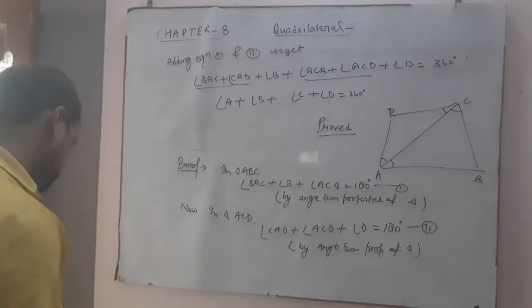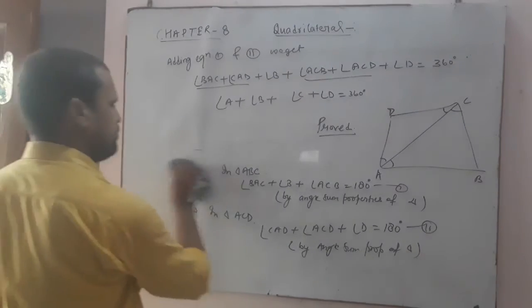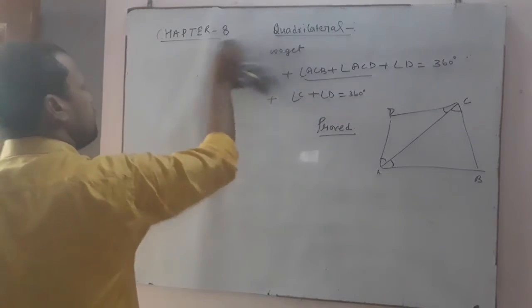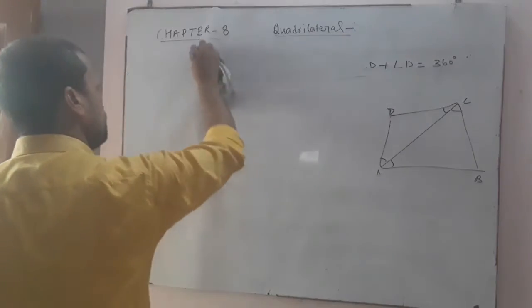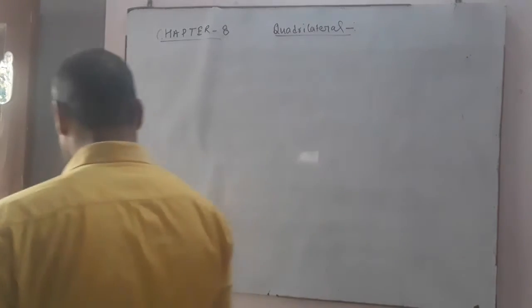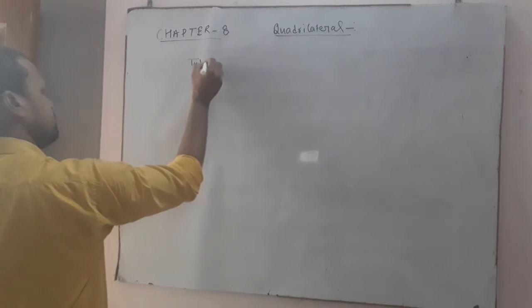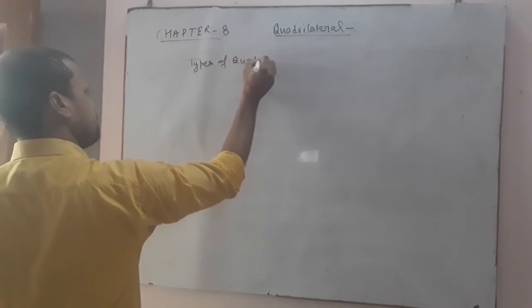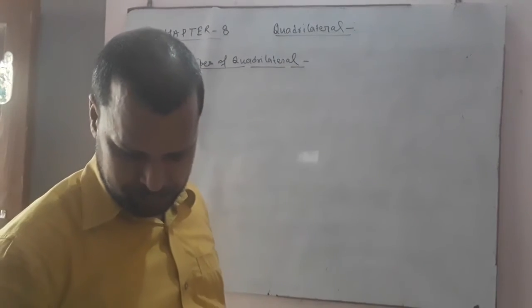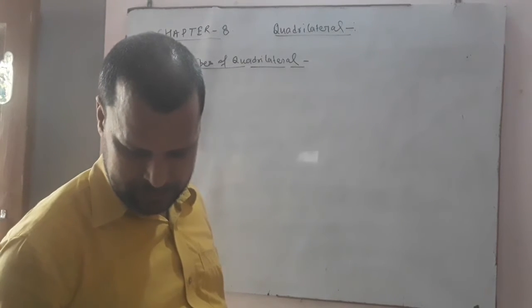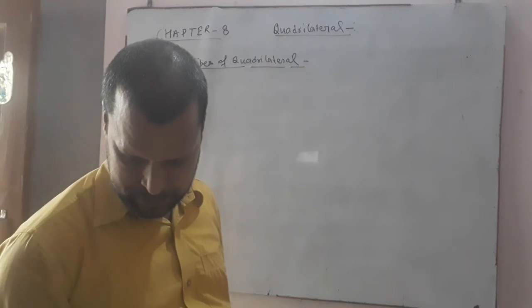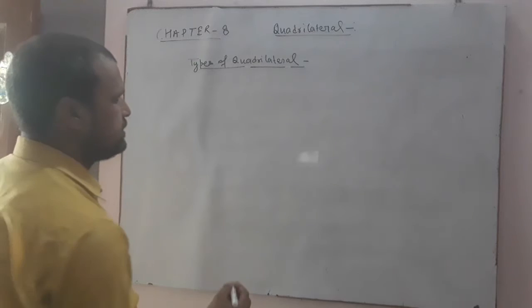Now, types of quadrilateral. First one is the trapezium.